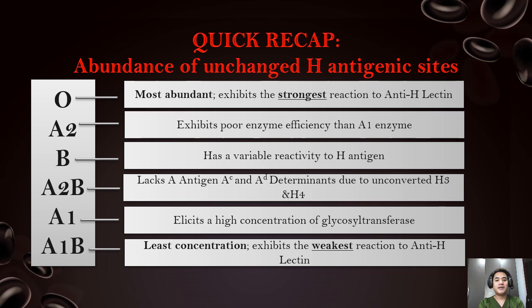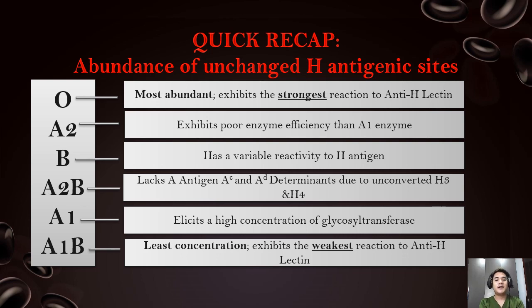Your blood group A2, as previously explained, exhibits poor enzyme efficiency compared to the A1 enzyme and poorly converts your H3 antigen with a failure of conversion of your H4 antigen, resulting now in a high amount of these unconverted H3 and H4 antigenic sites.